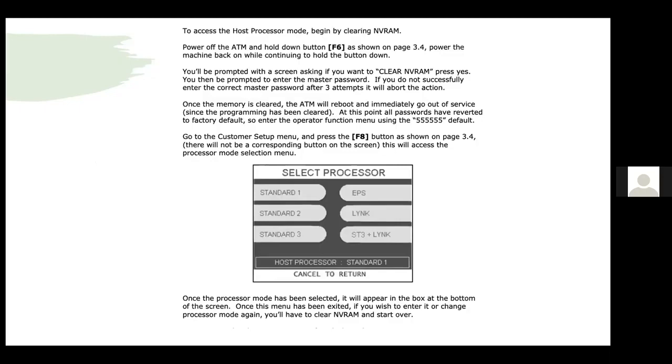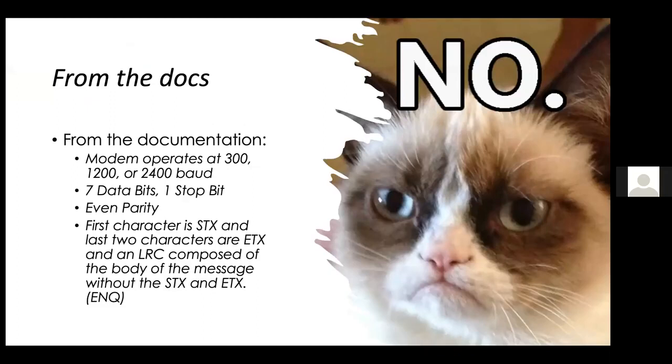The guide is for one specific version, the standard 3, but you can see the ATM supports 6 standards that we can choose from. So we had to find out what was going on with this. It says, okay, well, set your modem to 300, 1200, or 2400 baud, 7 bits, 1 stop bit, even parity, and the first character is STX.